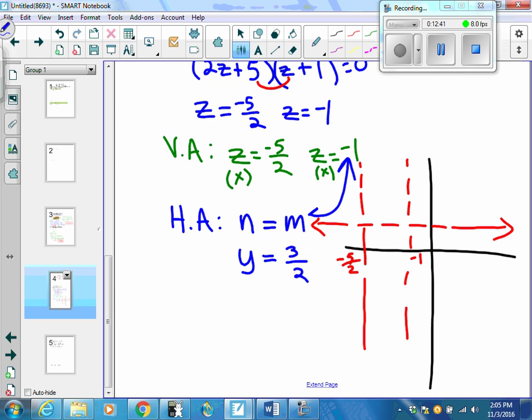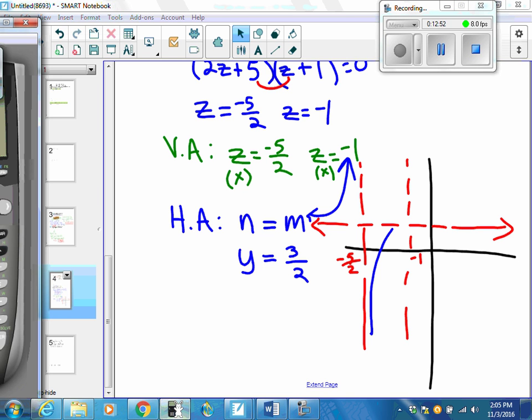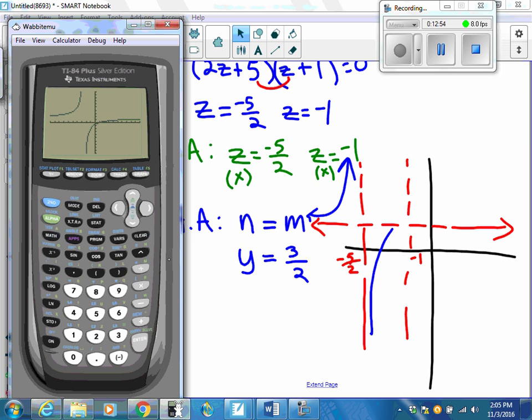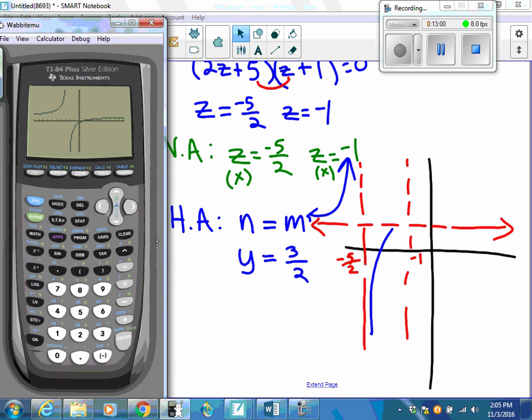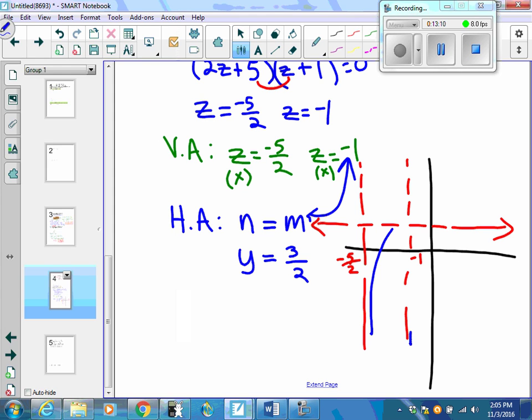And I had something that looks like this, and then I guess I actually have a hole here at -1.